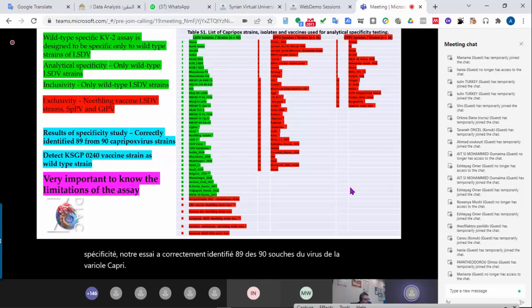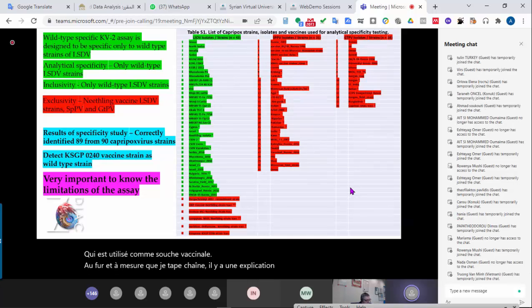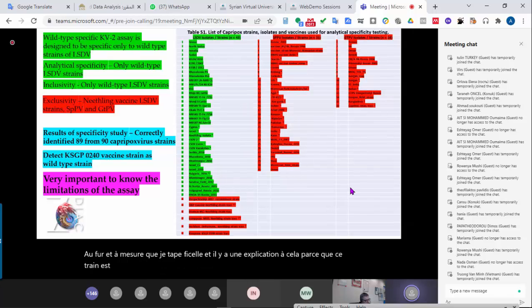It detected the Kenyan strain, KSGP 0240, which is used as a vaccine strain, as a wild type strain. And there is an explanation for that, because this strain is genetically very distant from Neethling-based vaccines, which are most commonly used as vaccines for lumpy skin disease virus, and that is why.